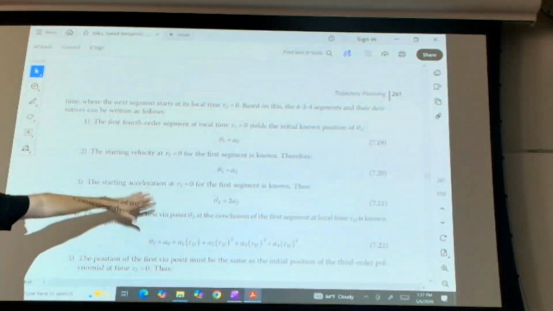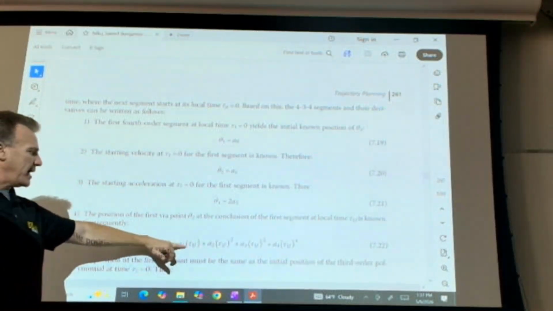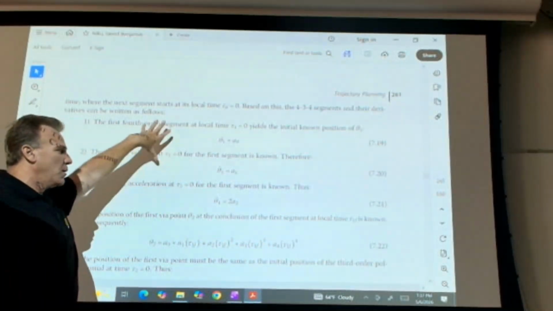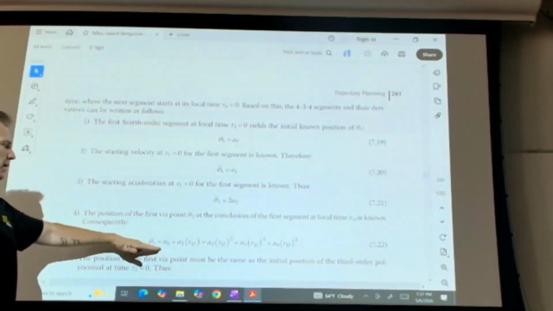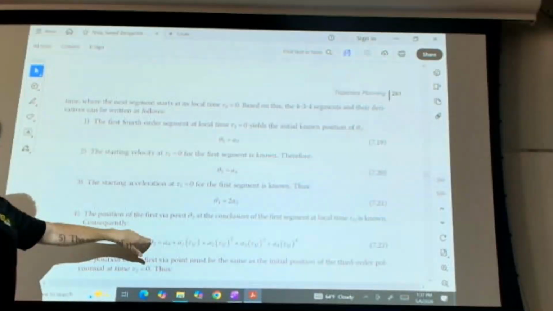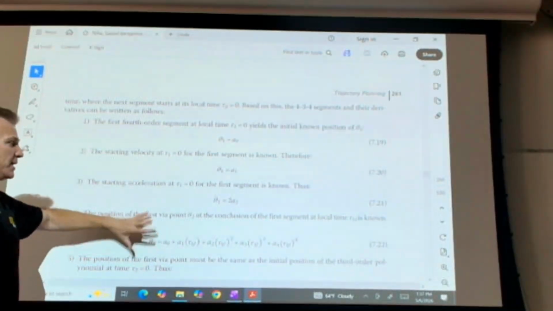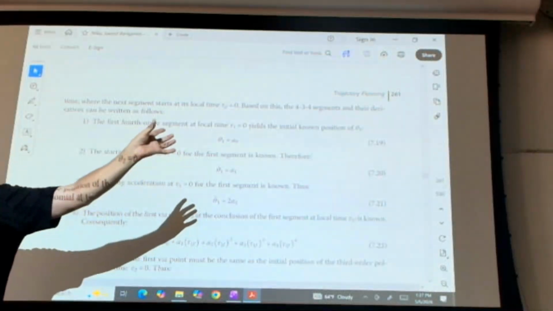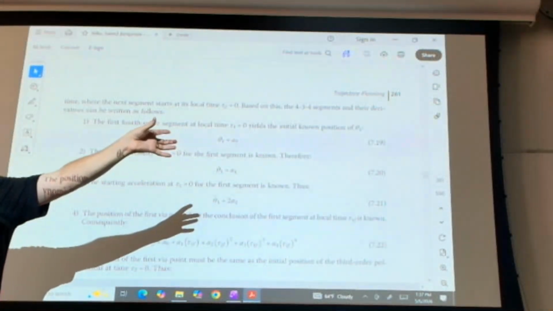Then we compute our theta 2 as a function of our final time. So if we said we know what our initial theta 2 is, it's our final position of theta 1. Our final position of theta 1 is given by that fourth order polynomial for the duration of that first segment.